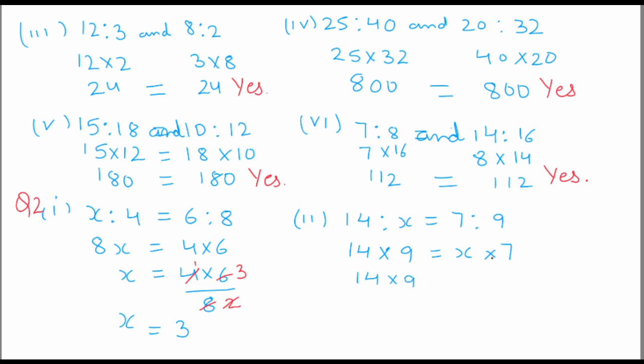This 7 is multiplied over here, we will divide it here and we'll get the value of x. When we cut, we will get 2, and 2 nines are 18. That means the value of x is 18. I hope you're getting it. There will be no problem for you.